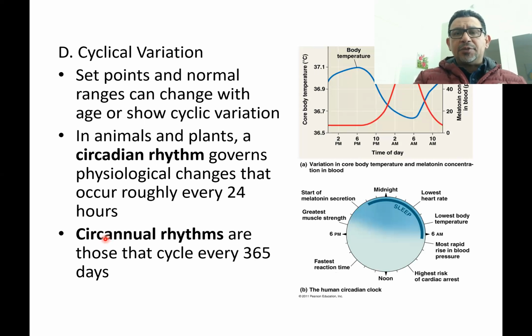So it depends on when the resource that is necessary for carrying on the function of reproduction is available, that is when certain hormones that are necessary for reproduction will be increasing in concentration. So circannual rhythms for yearly patterns and circadian rhythms for day-to-day patterns.